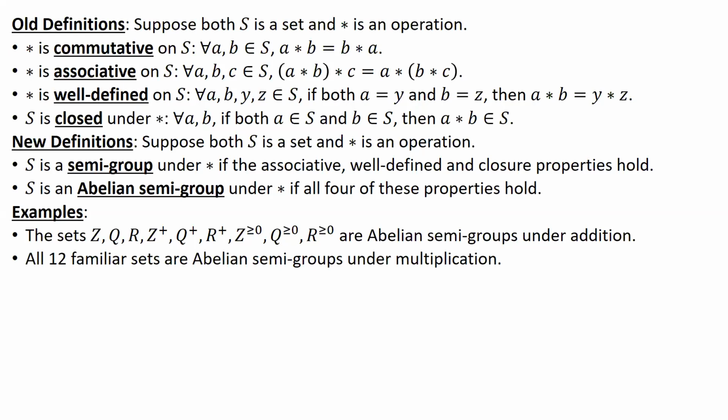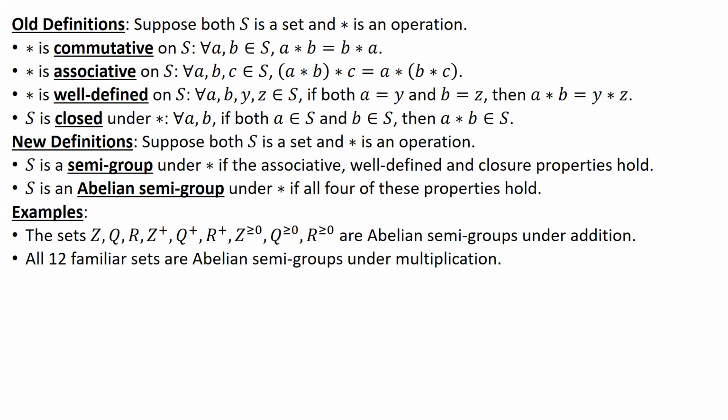Notice in the multiplication bullseye, all four colors were filled in: red, orange, yellow, and green for all 12 of the sets. Now, under addition, Z star, Q star, and R star, the non-zeros, are not semigroups at all because the closure property does not hold. 3 is a non-zero integer, -3 is a non-zero integer, but the sum 3 plus -3 is not a non-zero integer. So these are our familiar examples of semigroups.